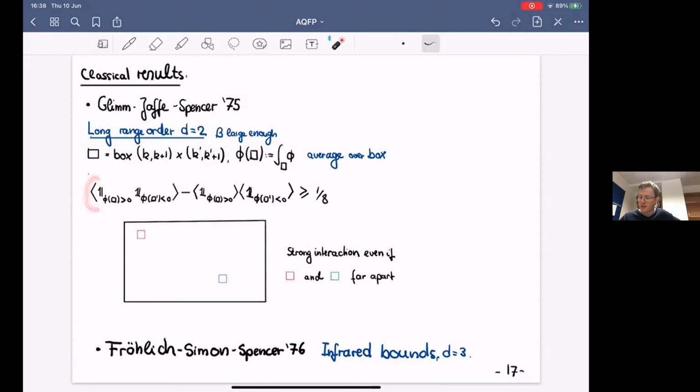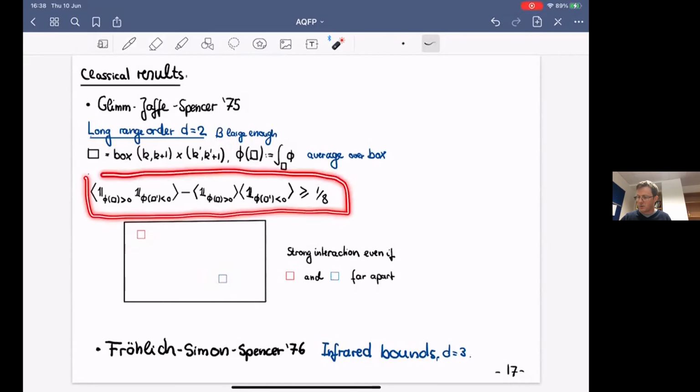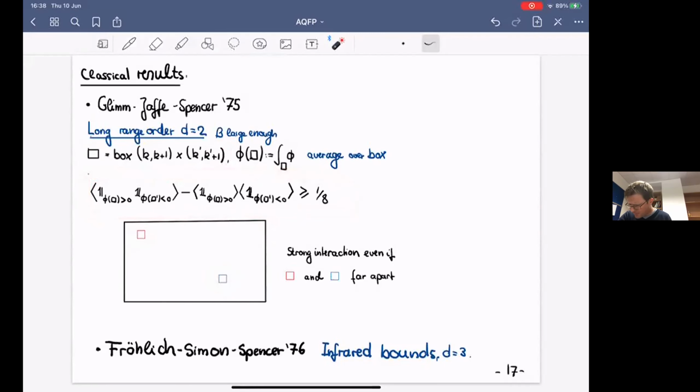Let me say it differently: the probability that if this is positive, then this will also want to be positive, even if the red box is very, very far away from the blue box. And they proved this uniformly in the distance between the red and the blue box. That's what this estimate expresses.